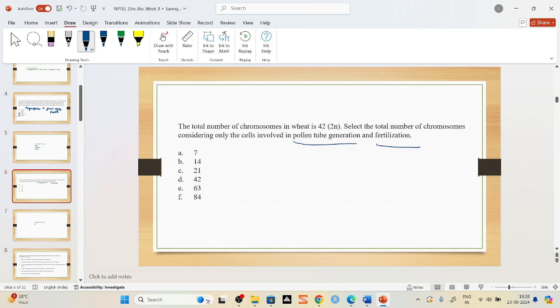So now what happens over here is that if you have studied about triple fusion phenomena, there are three cells that are involved. First is your one sperm cell which fertilizes the egg.